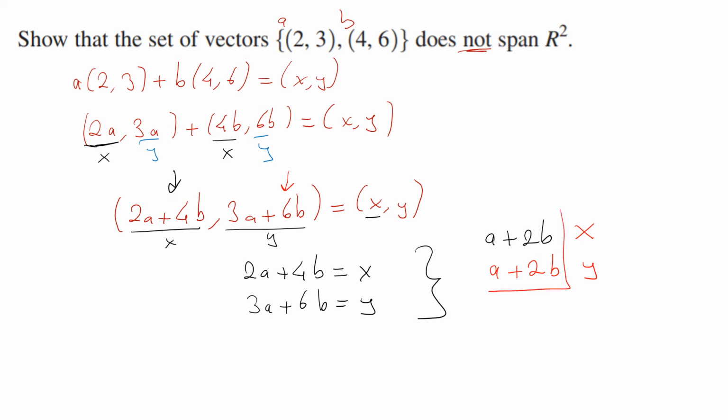And I see that these two equations are actually equal to each other. They're the same thing. So this actually shows my lines are collinear. And remember how for spanning sets they said it cannot be collinear, or it just cannot be 0. So that way I can say this does not span R squared.